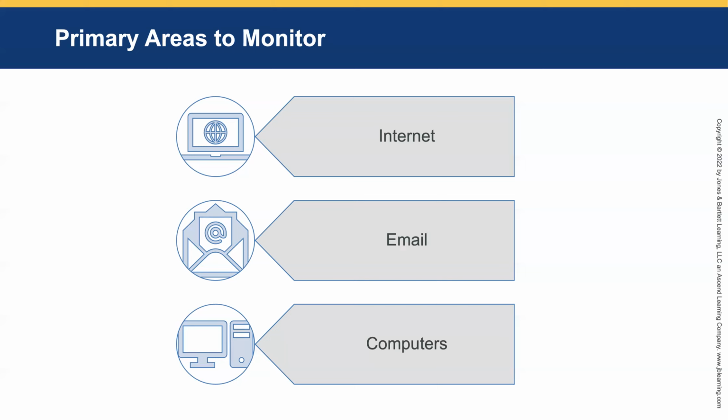When it comes to email, use is going to be monitored, and the main caveat with email use is to ensure that viruses and malware do not penetrate the system or the organization.